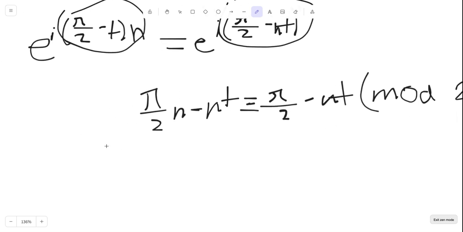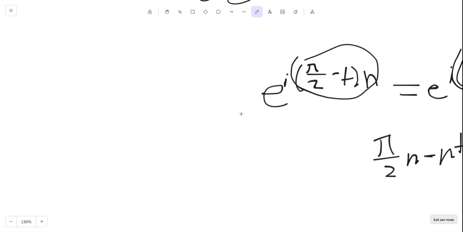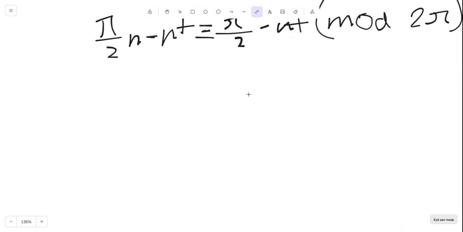As long as these are equivalent mod 2 pi, like one is 30 degrees and the other is 390 degrees, they're off by 360, so they give you the same exact complex number if you put it into Euler's formula and take the cis.